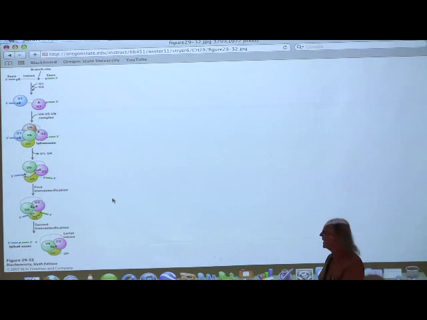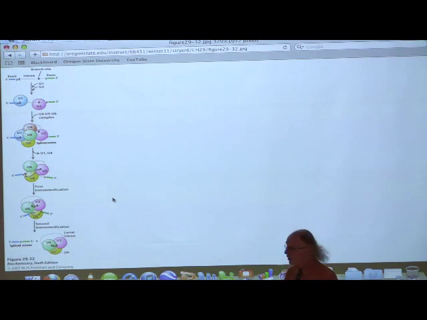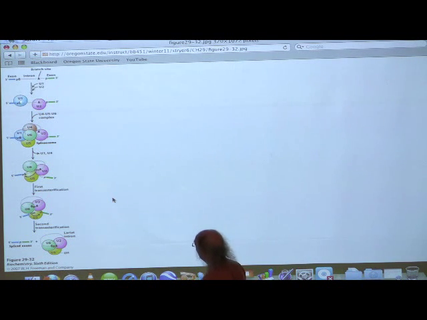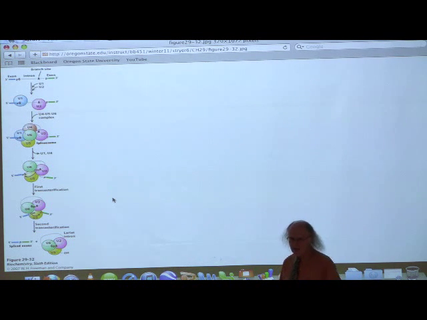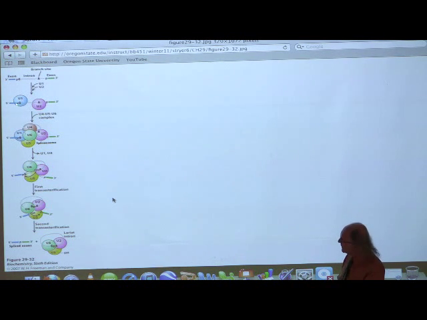When we look at the sequence of events that occur, the U1 snRNA and associated protein come in here and form a bond with the 5' end of the intron. The U2 comes in and binds to that branch point.